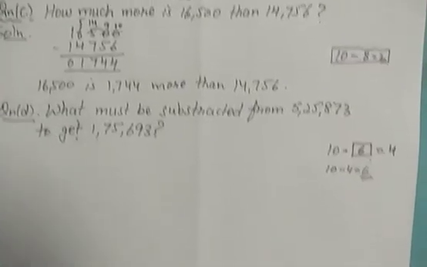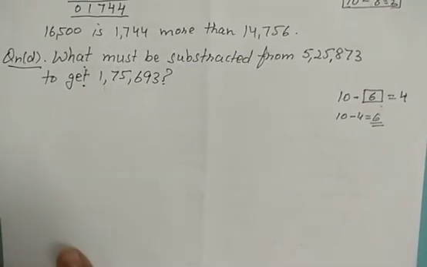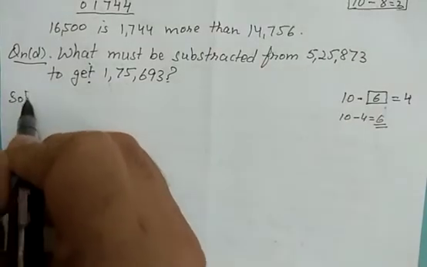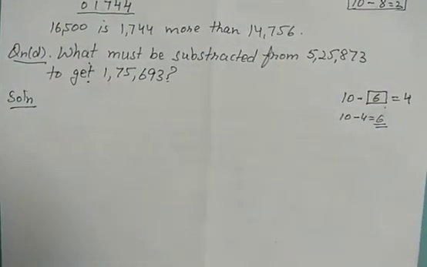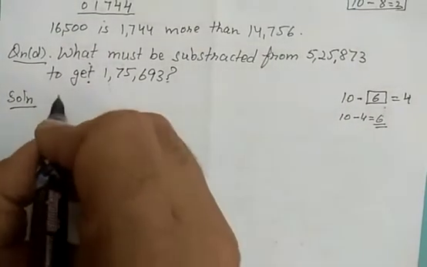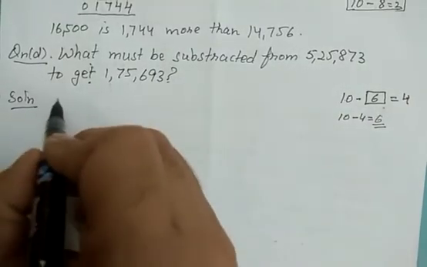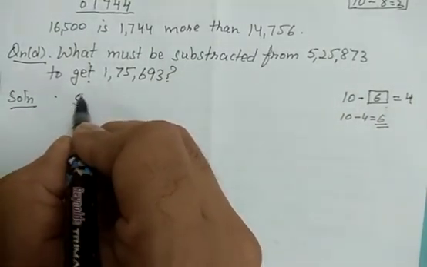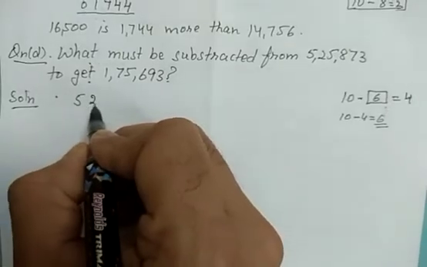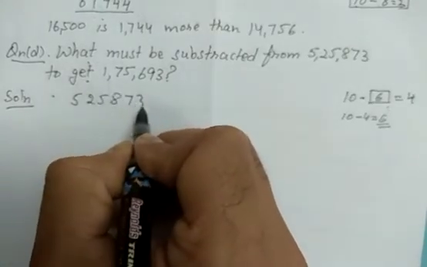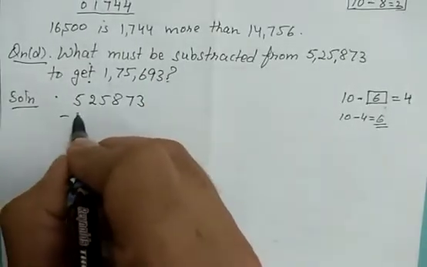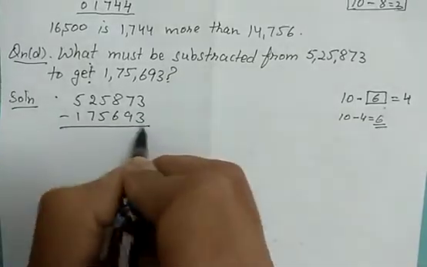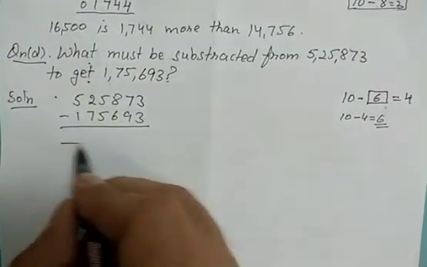So let us solve this question again. Solution. 5,25,873 minus 1,75,693. Subtract them.